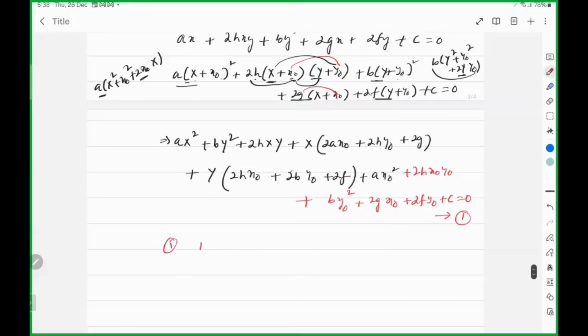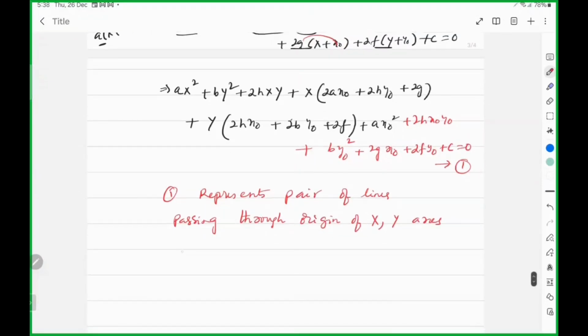So this represents a pair of lines passing through the origin of the capital X, capital Y axis, which implies its equation must be of the form aX square plus 2hXY plus bY square equals 0.